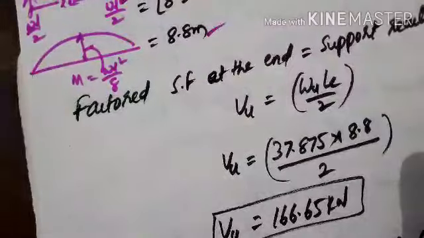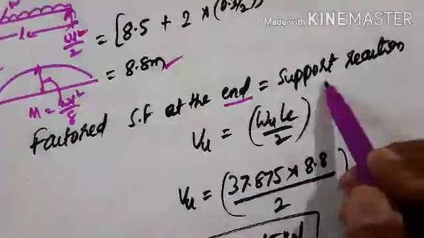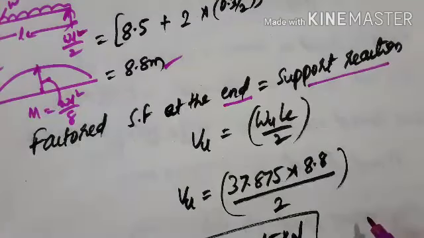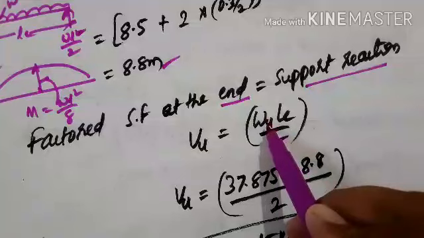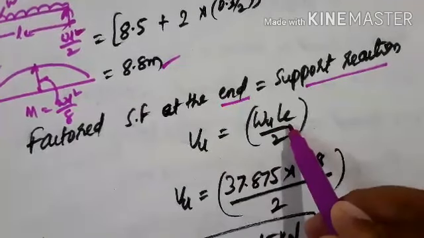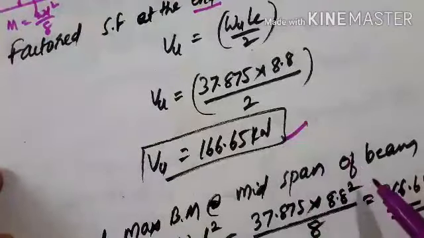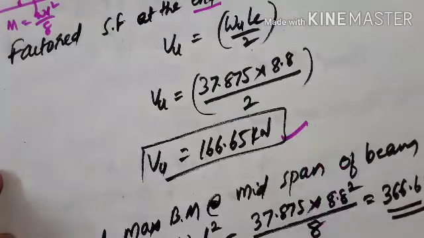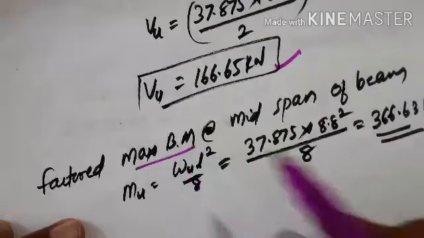Then the factored shear force at the end of the beam, that is nothing but the support reaction, VU will be WU LE by 2. We know WU, that is the factored load, into the effective span divided by 2, that is the reaction. We get shear force as 166.65 kilonewton.